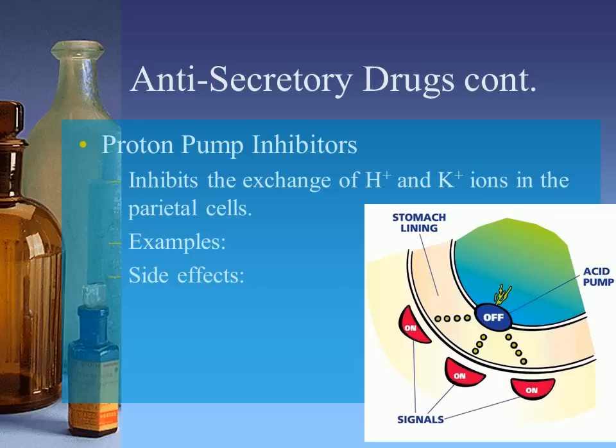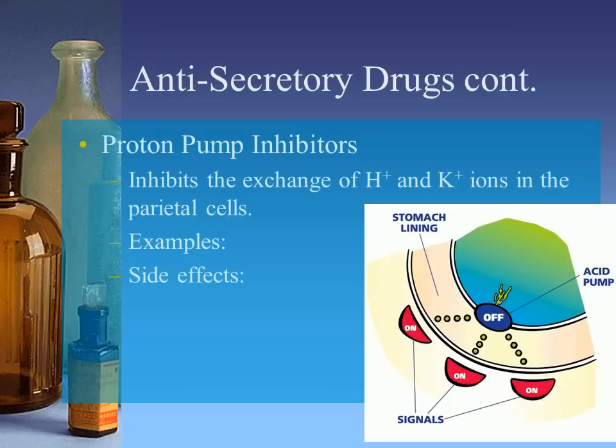A second type of anti-secretory drug that we will use is that of a proton pump inhibitor. Now, proton pump inhibitors were discovered in about 1989, so they're a fairly newer drug on the market.